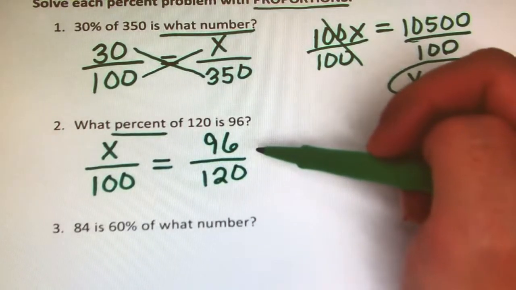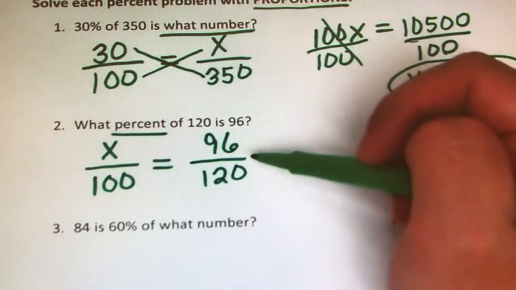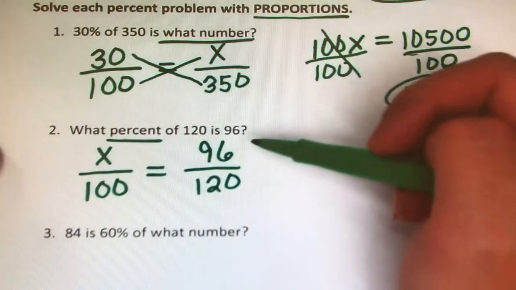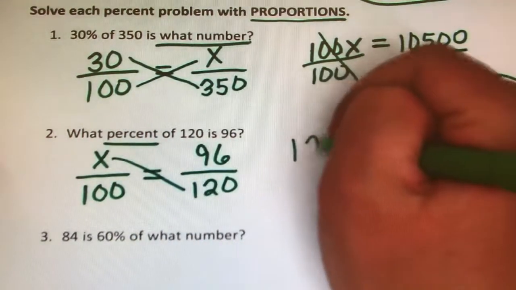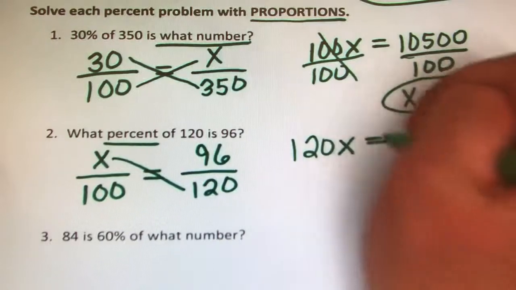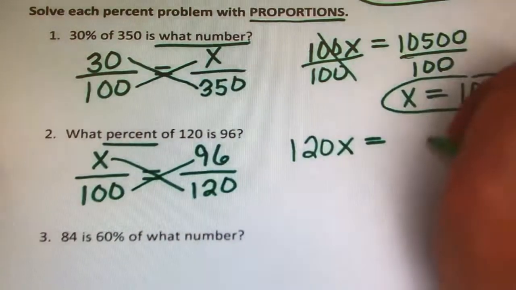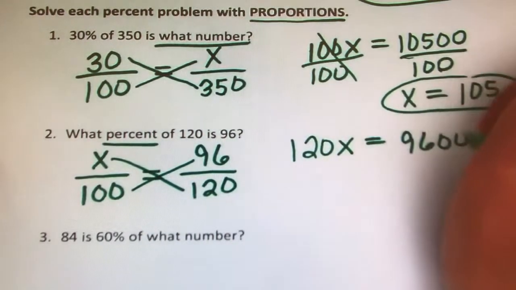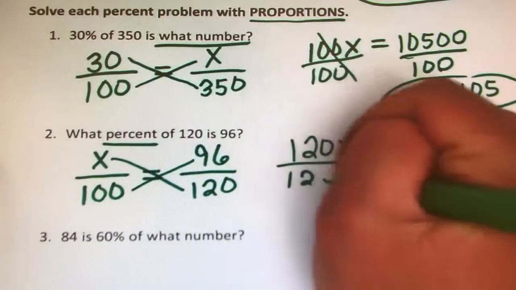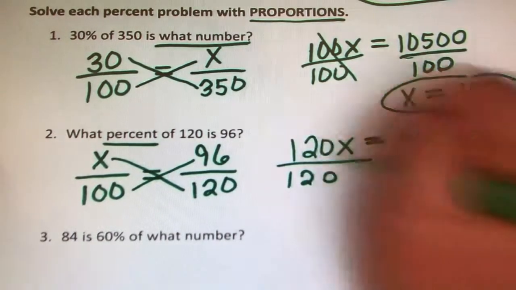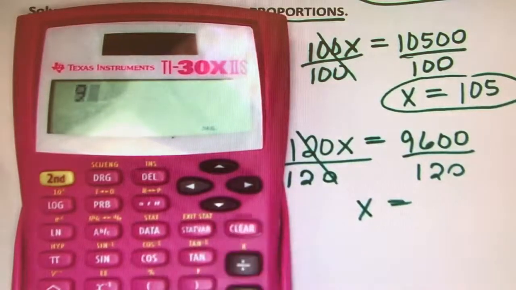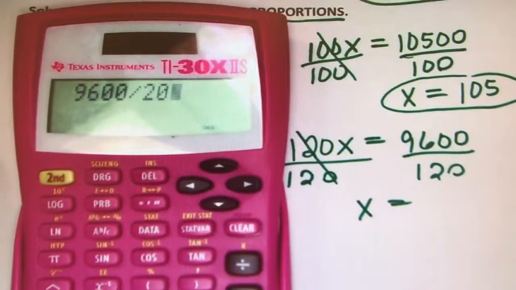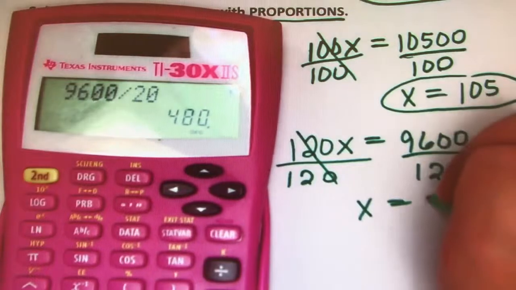Like say if I made a 96 out of 120 points on a test, and I wanted to know what my grade was. Okay, let's do cross products. 120 times x equals 96 times 100 is 9600. Divide both sides by 120. X equals 9600 divided by 20, 480.